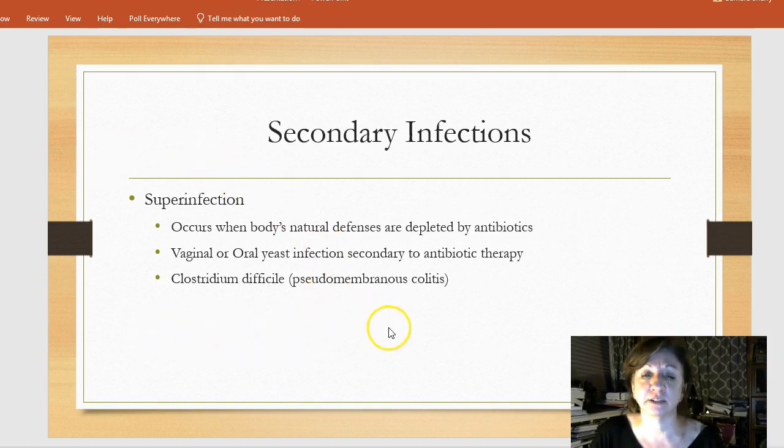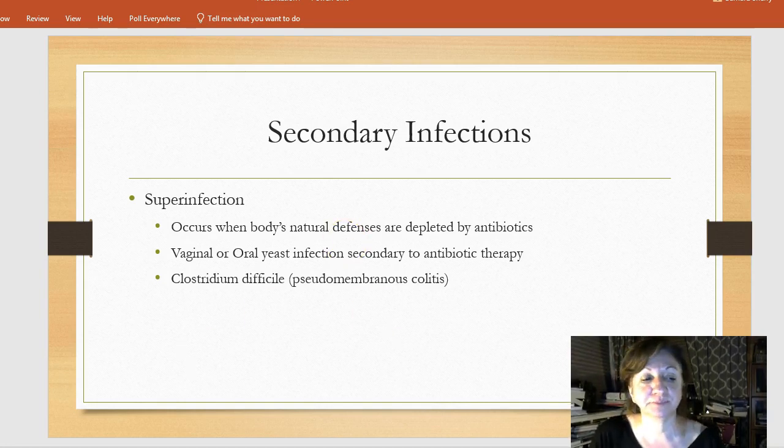Superinfections are secondary infections that patients get after they start taking an antibiotic. An example would be a yeast infection, either an oral thrush or a candida or some kind of skin infection. And some people get vaginal yeast infections every time they take an antibiotic.